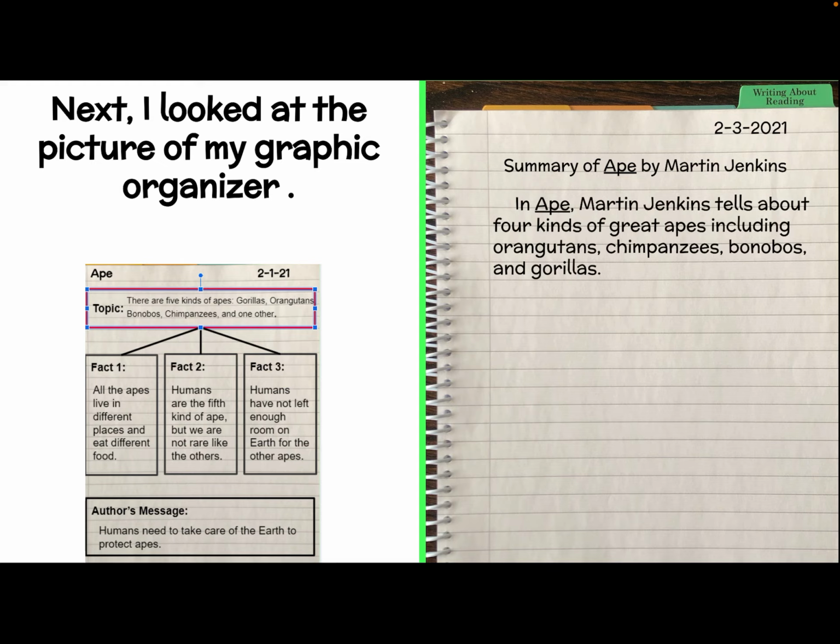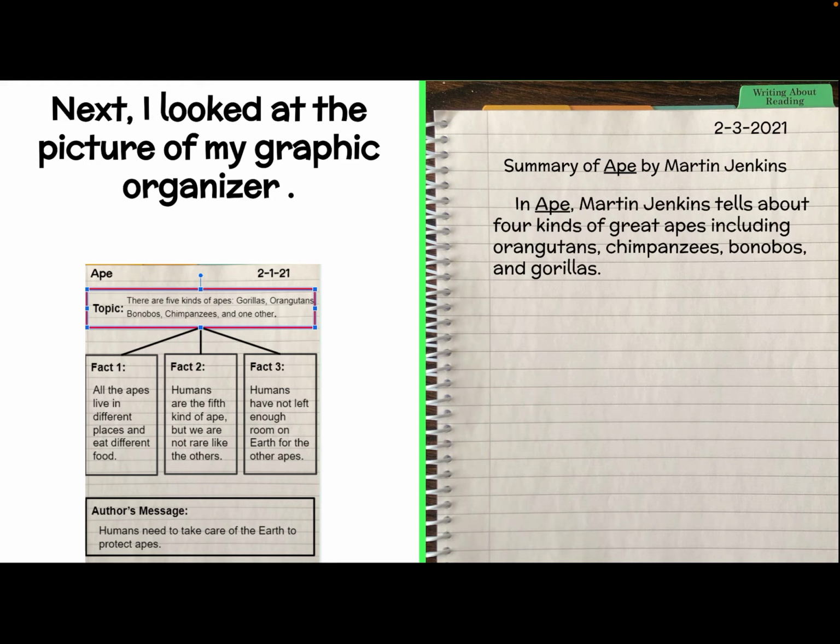The next thing that I did is I looked at the picture of my graphic organizer and I thought about the topic. Now, the topic says there are 5 kinds of apes: gorillas, orangutans, bonobos, chimpanzees, and one other. But I remember that I'm only supposed to give the information in the same order as the book.